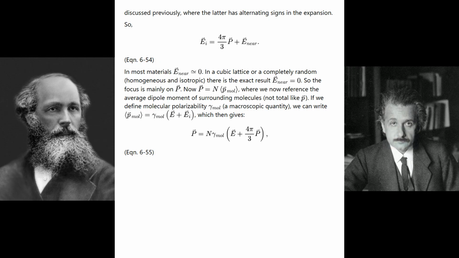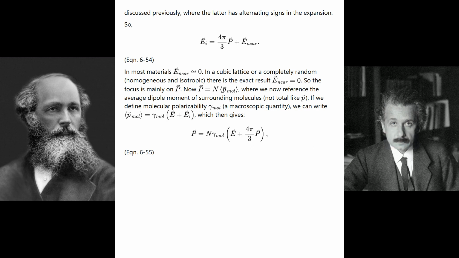So, equation 6-54. In most materials E sub near asymptotically equals 0. In a cubic lattice or a completely random, homogeneous and isotropic medium, there is the exact result E sub near equals 0. So the focus is mainly on P.